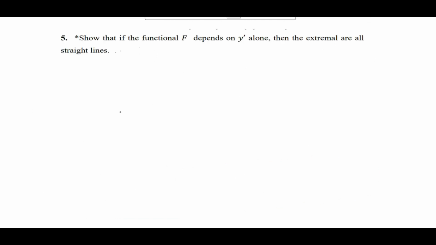So now here we need to show that if the functional f depends on only y dash, the extremals are all straight lines. That is, all straight lines means we need to prove that y is equal to ax plus b.